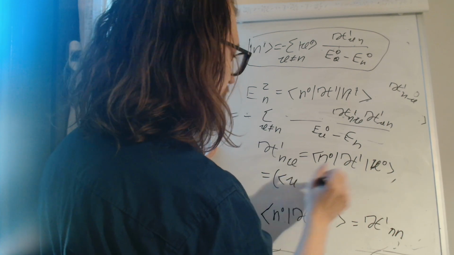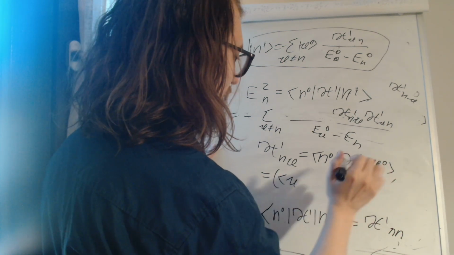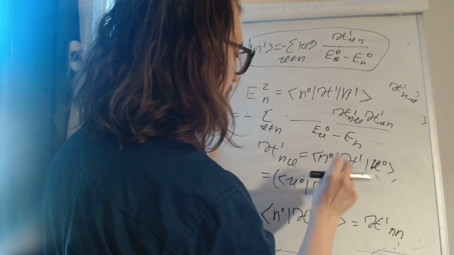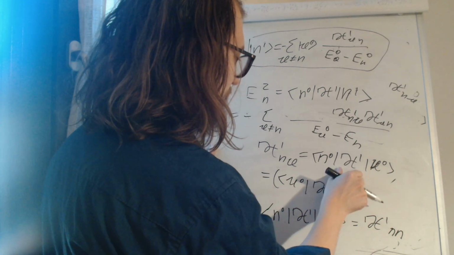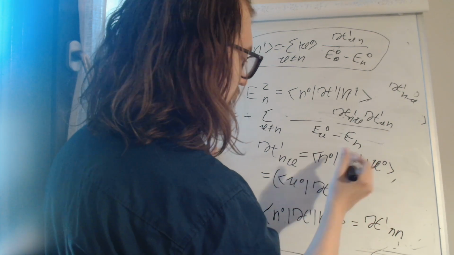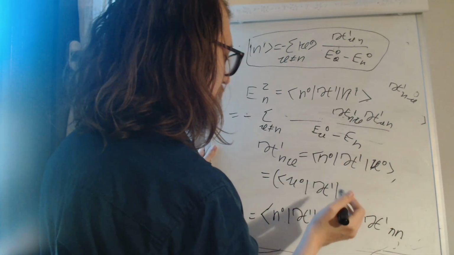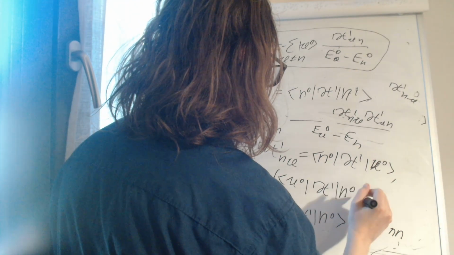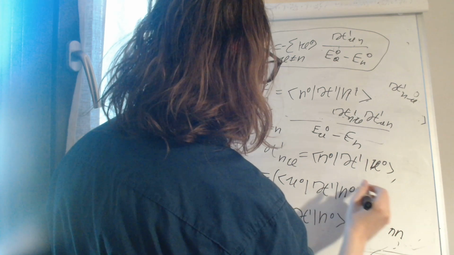So now the ket k0 becomes a bra k0, h1 is Hermitian, so h dagger is equal to h, and here we have the ket n0.